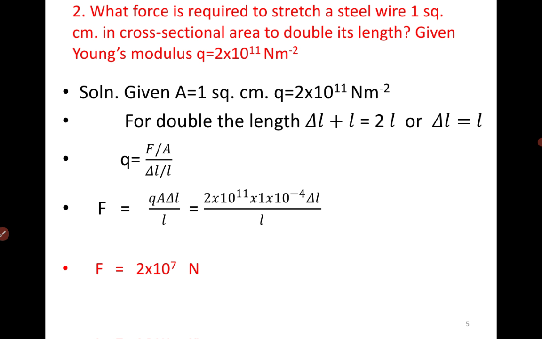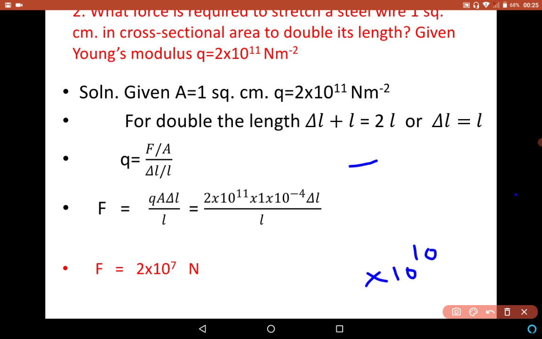Here the given values are A is equal to 1 square centimeter, and Q is equal to 2 into 10 power 11 Newton per meter square. For double the length, delta L is equal to L. Therefore, delta L plus L is equal to 2L.